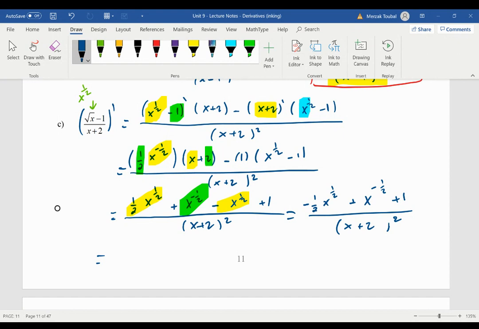Okay, let's simplify. So let's do something to quickly get rid of this kind of mess on the numerator. What we can do actually to resolve this without doing a lot of work is if we multiply the numerator by x to the 1 half, you have to do that for the denominator as well.